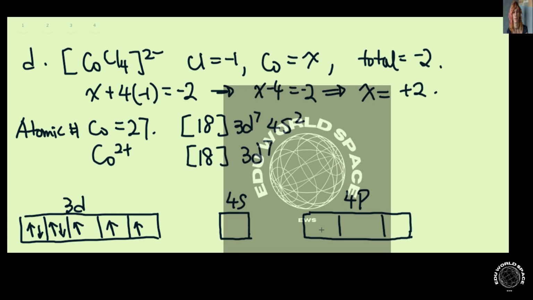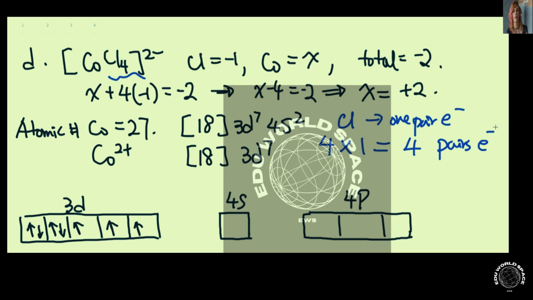All right, so now we look at the ligand, chloride. So each chloride atom will contribute 1 pair of electrons donated to the center metal, that is cobalt. Since we have 4 in total, so we have 4 pairs of electrons donated from the ligand chloride to the center atom. And since chloride is a comparably weak ligand, it will not pair up against Hund's rule.